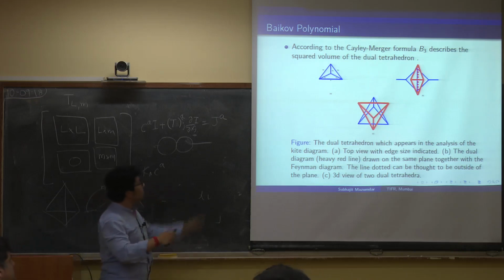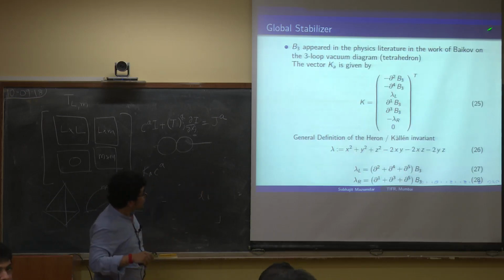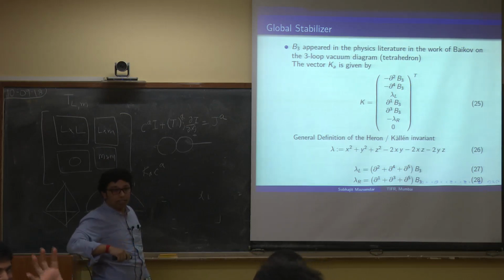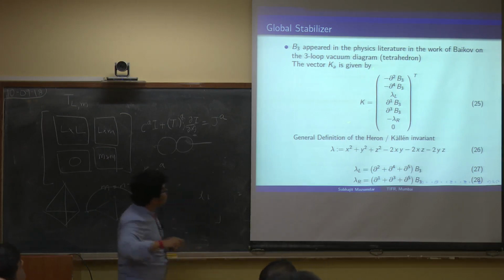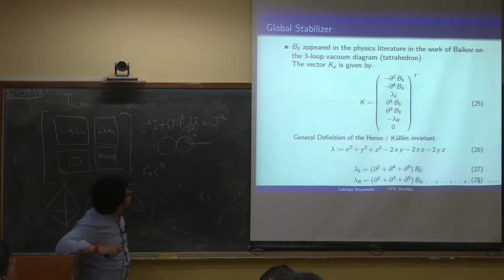So that is an interpretation of this B3 that is called Bikov polynomial in literature. So at B3 equal to 0, this is the thing. Just a moment. This is okay. Good.